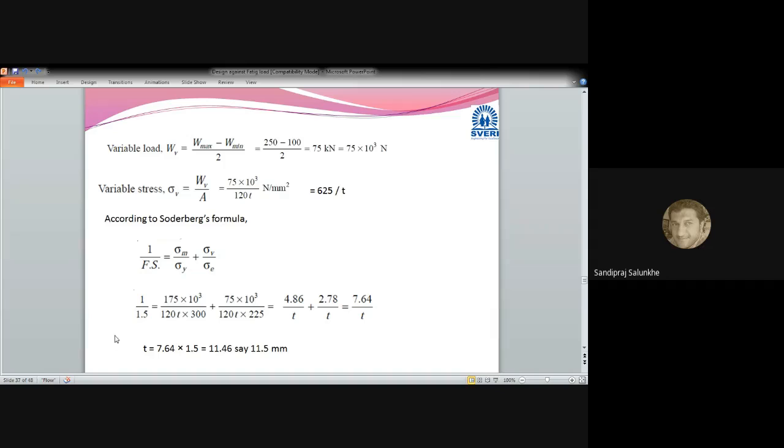All others, they can go through it. 1 over 1.5, that is the factor of safety. Sigma m is 175 into 10 raised to 3.